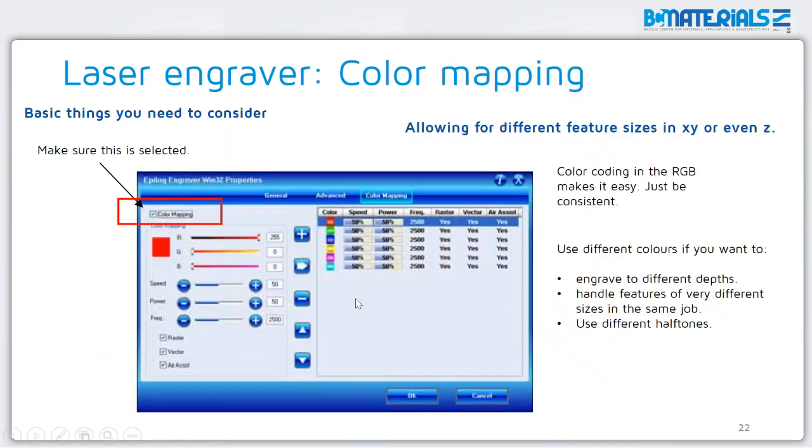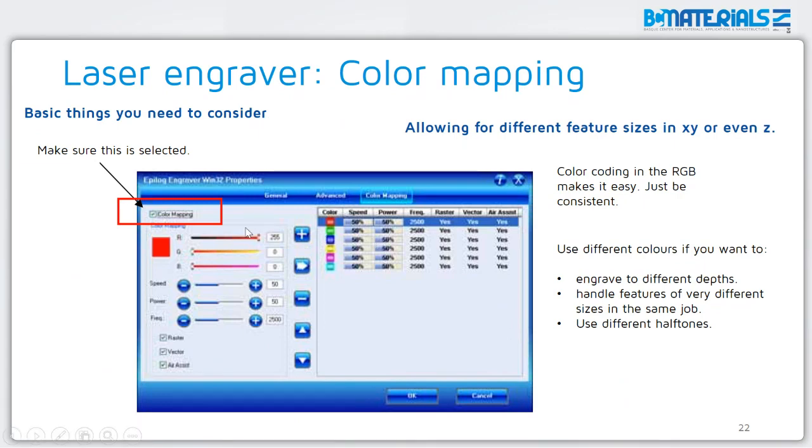What else can you do? You have this function of color mapping in case you want to engrave at different depths in the same job, or if you need to work with features of very different sizes.